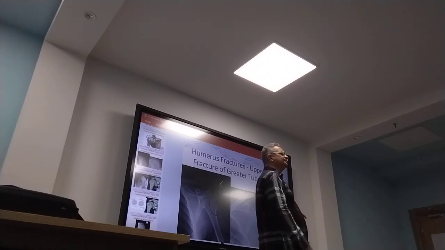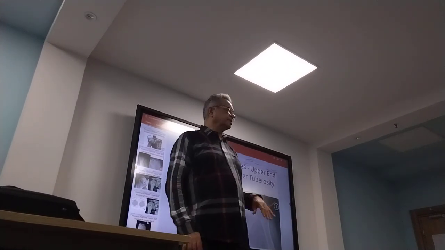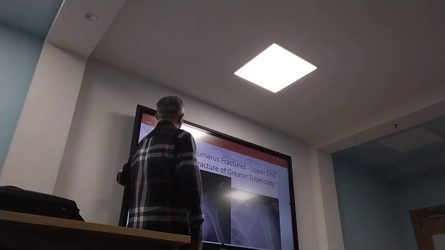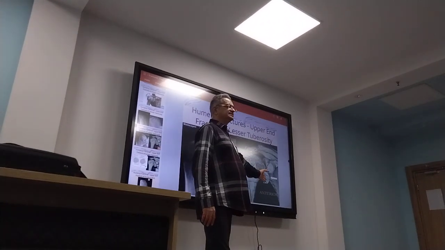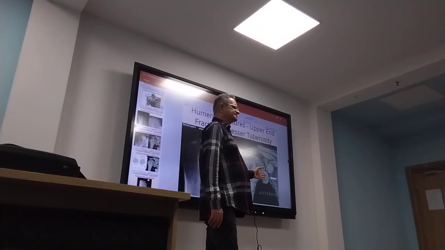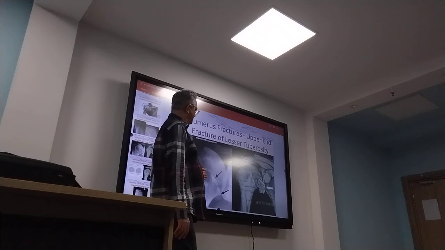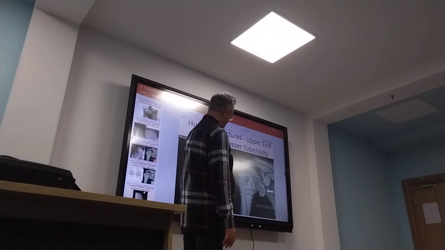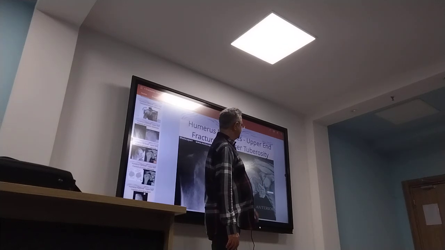Okay, so it's very important to be confident about the structure of the bone. Okay, it's very good. So you see that this is a CT scan, and also another X-ray, and you can see partially lesser tuberosity here and lesser tuberosity here.